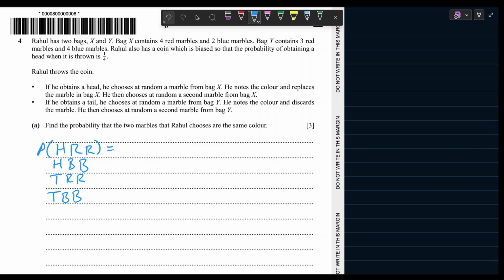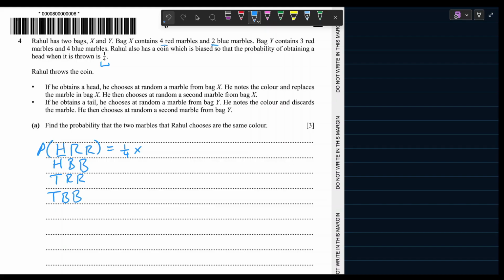So here the probability of throwing a head is going to be a quarter, multiplied by, he chooses at random from bag X, he notes the color. So how many marbles are in bag X?